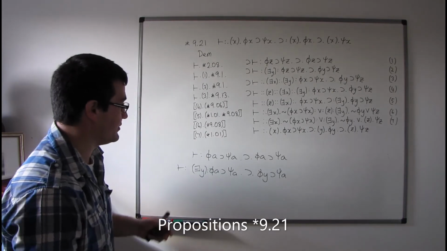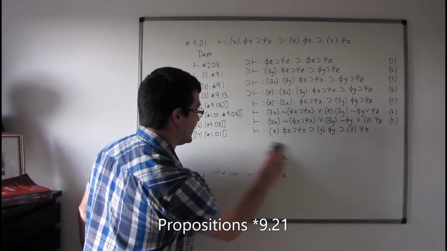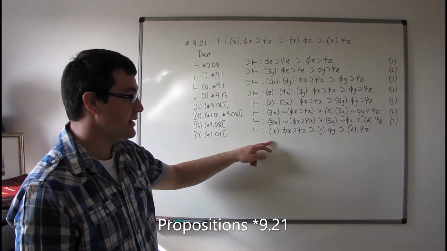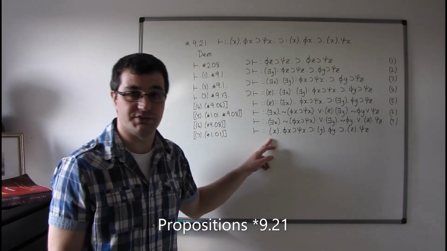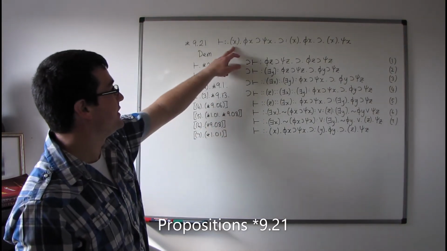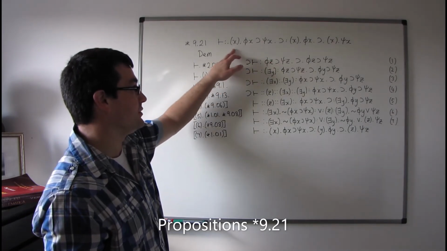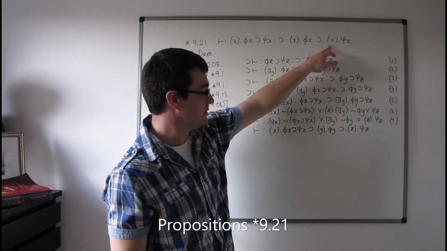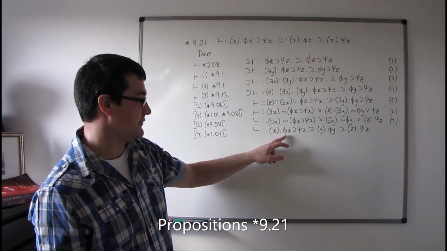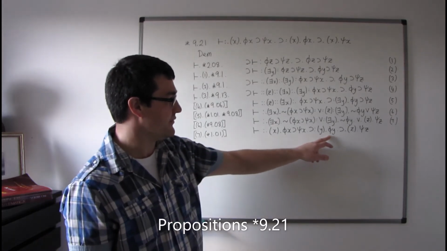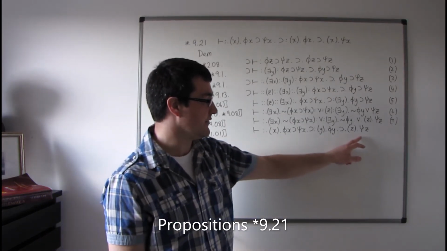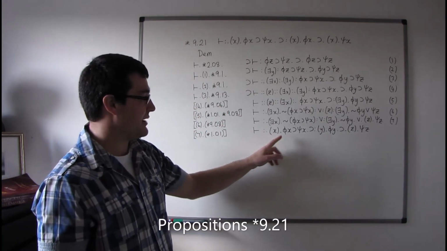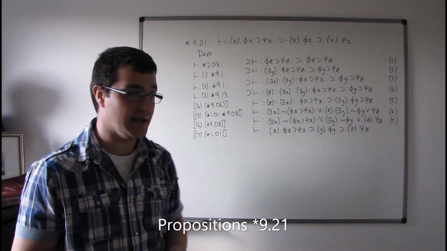And the last thing that I want to just point out is on the last line of this demonstration. So if we look at the last line here, it would appear that I haven't actually proved what I wanted to prove. I needed to prove phi x implies psi x always, implies phi x always implies psi x always. But I don't have that. I've got the phi x implies psi x always, but then I've got phi y always and psi z always. And the reason for this is that which symbol I use for the apparent variable doesn't make any difference.